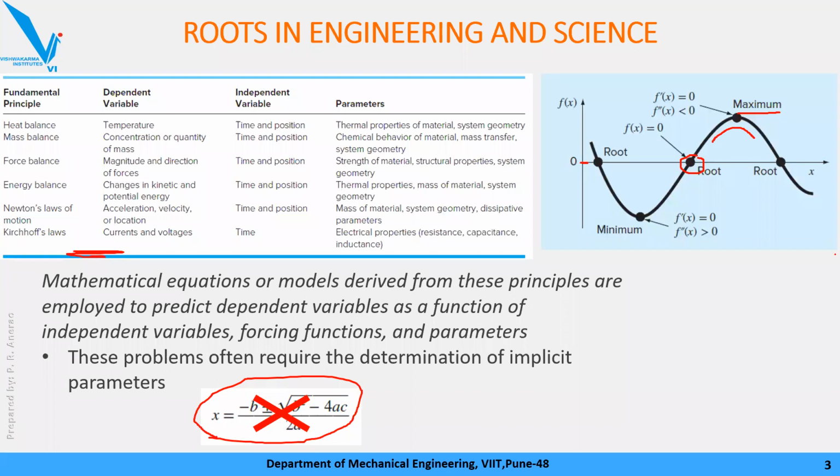So sometimes we need to find a maximum value, or sometimes we need to find a minimum value. Okay, so we know this is a fundamental thing. The maximum value corresponds to the first derivative of that function being equal to 0.